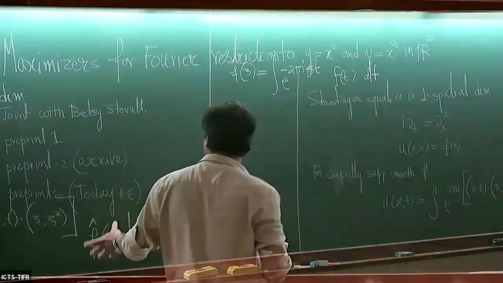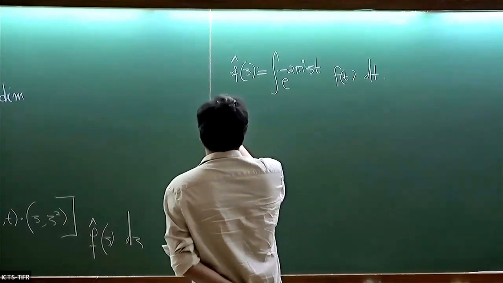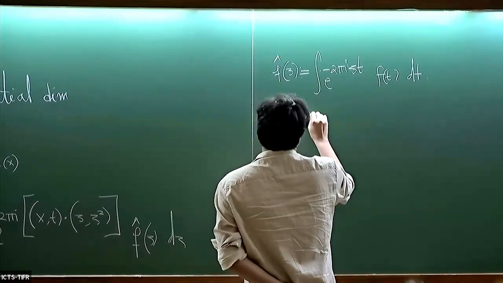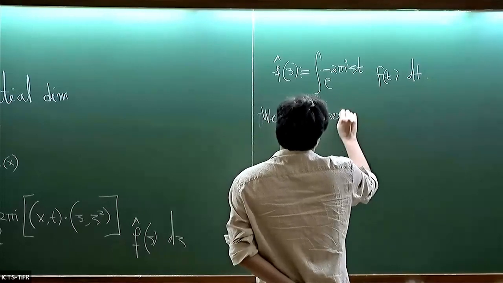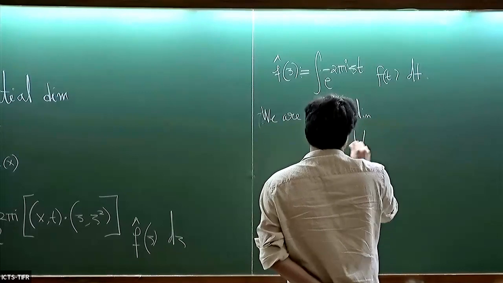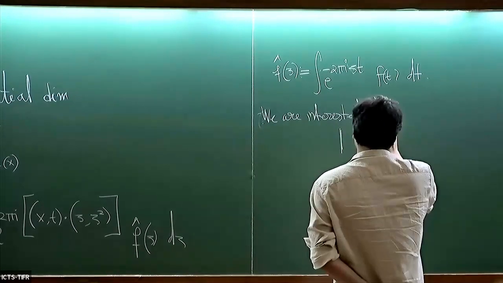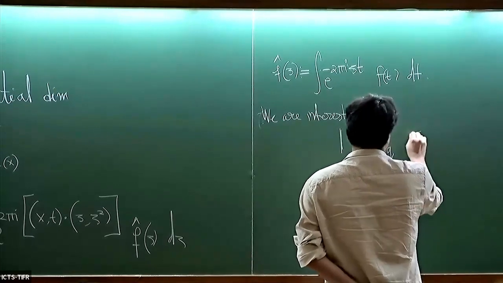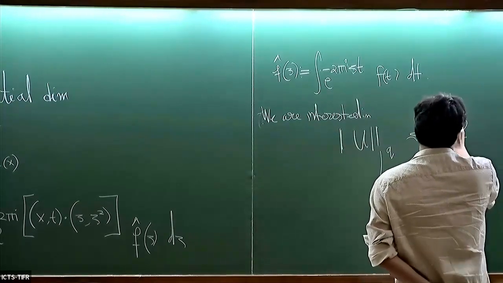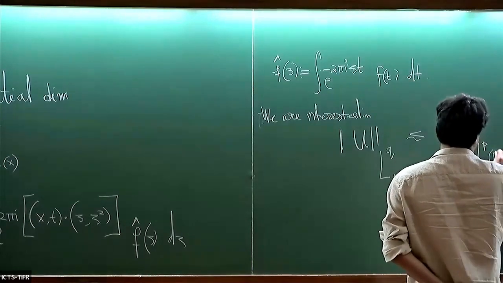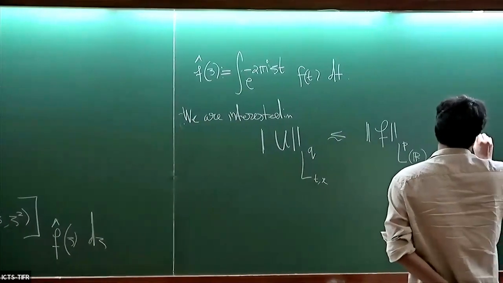This is equivalent to being interested in a bound of the form: u as a map from f in L^p of R to u in L^q of R^2, for all nice f.